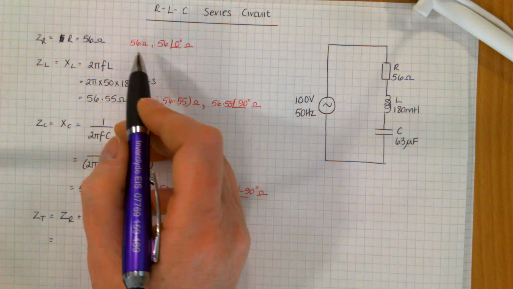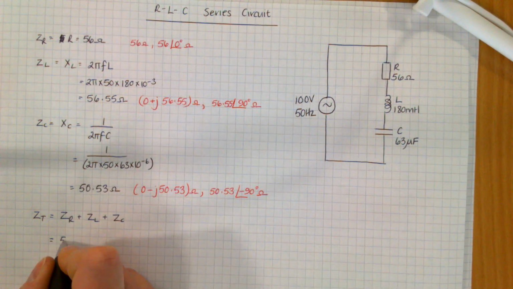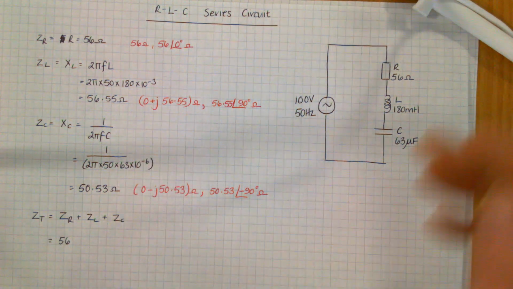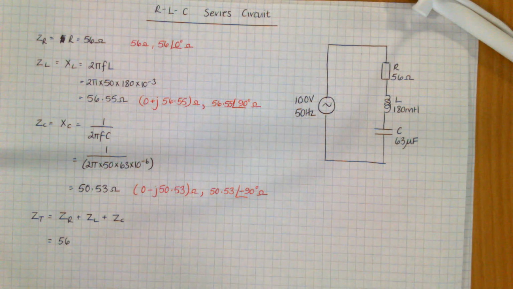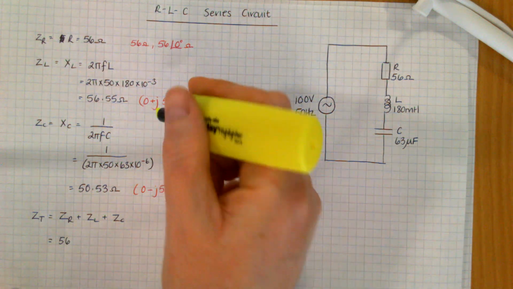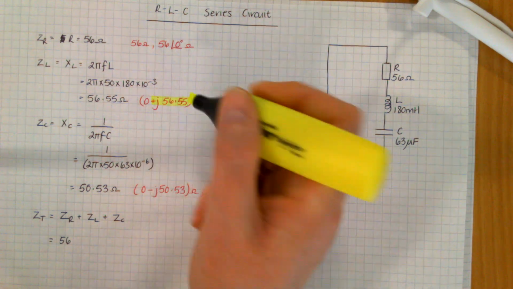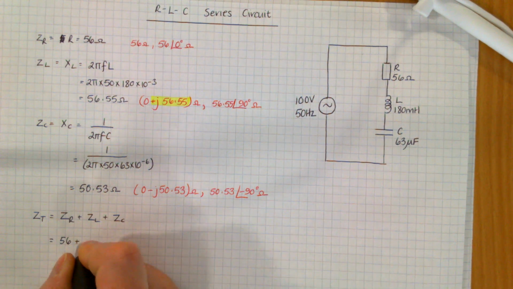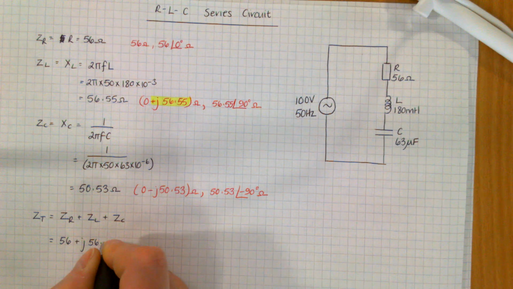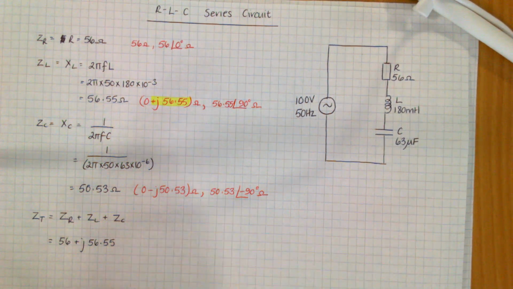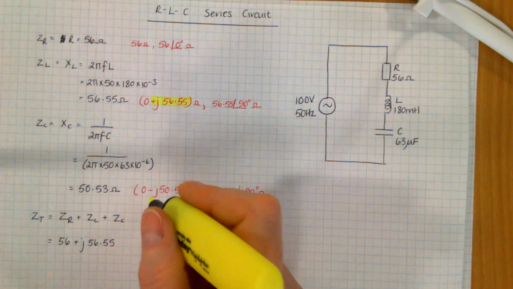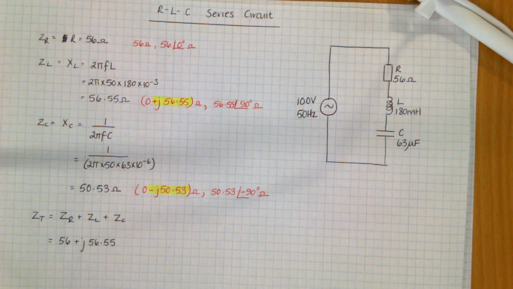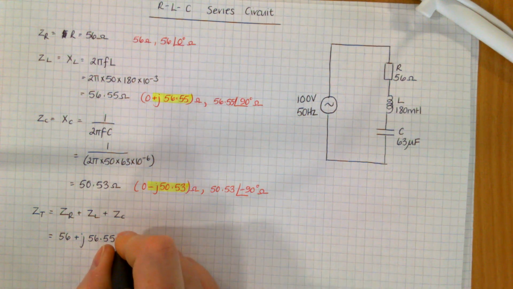So your ZR in rectangular form is just 56. No j's. Your ZL in rectangular form, you just have to put that bit there. Don't need the 0. And for your ZC, again, you don't need the 0, just that bit there. And because it's adding a negative number, you could just put minus j.